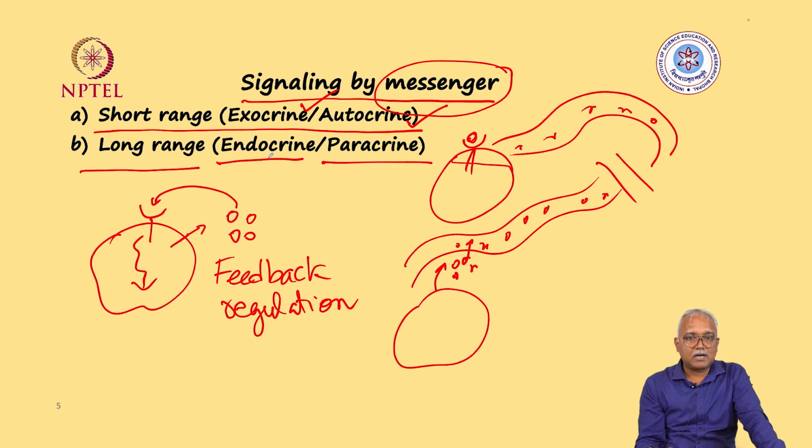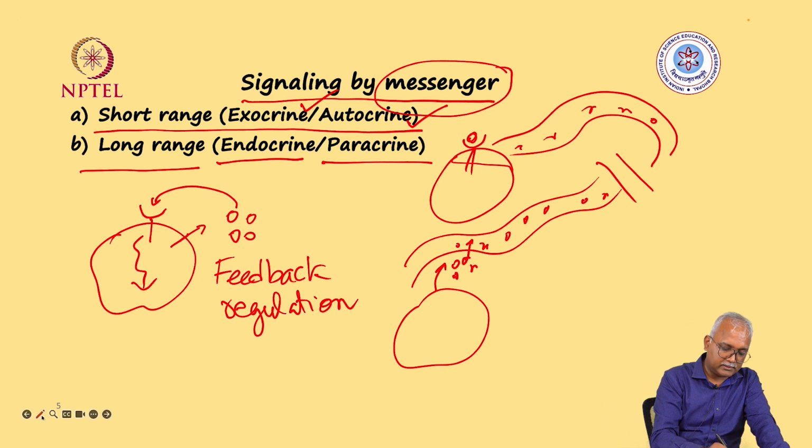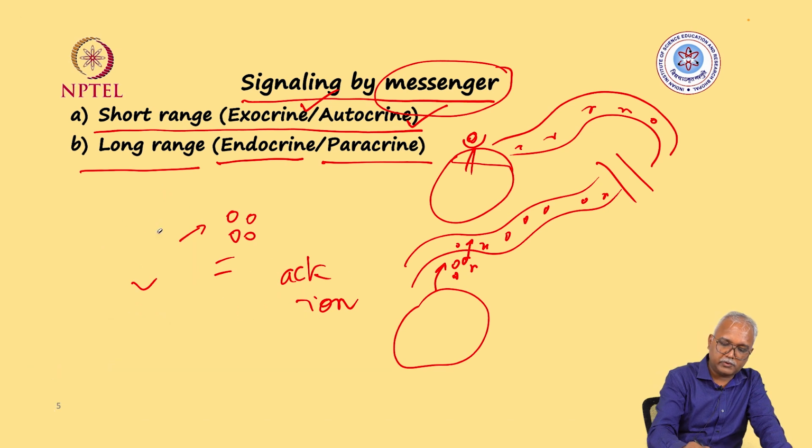Paracrine signal is nothing but the cell which is producing the signal has a receiver cell a little far off, which is not self-type.